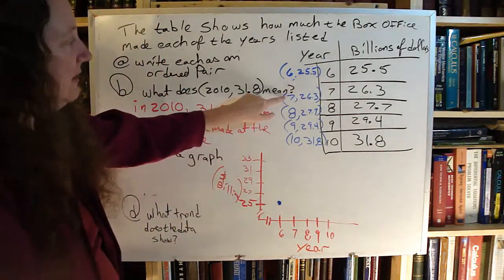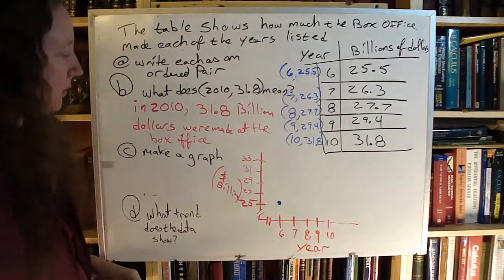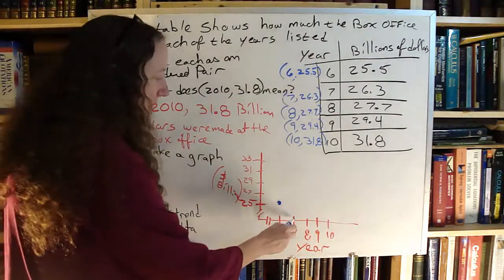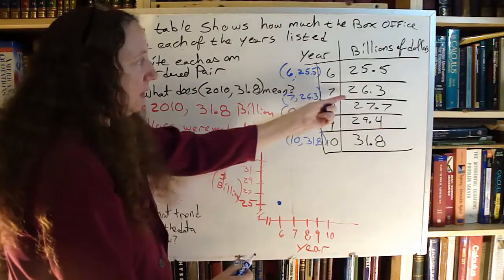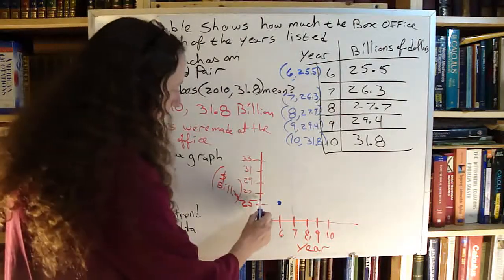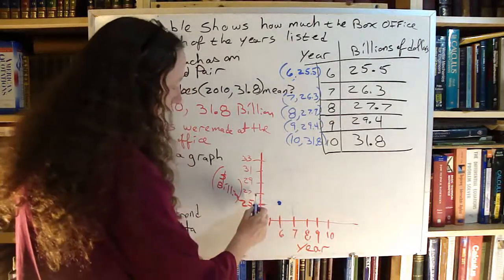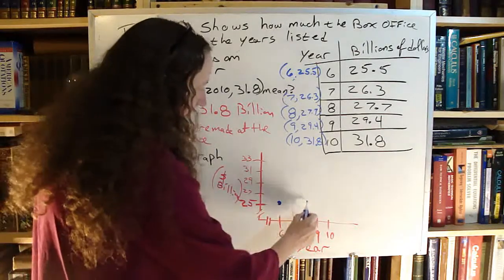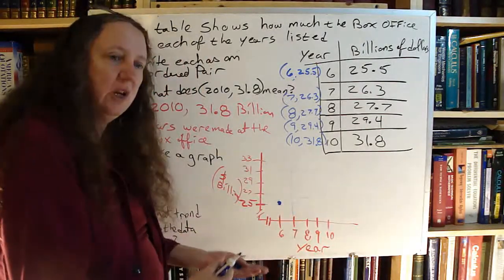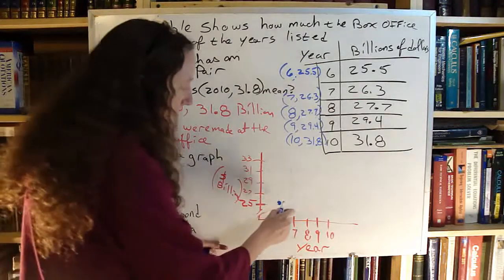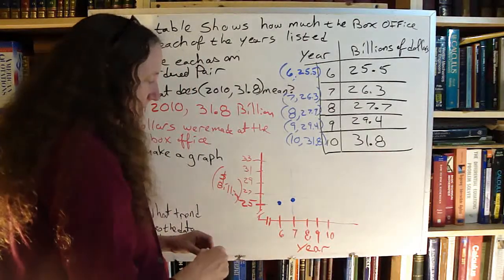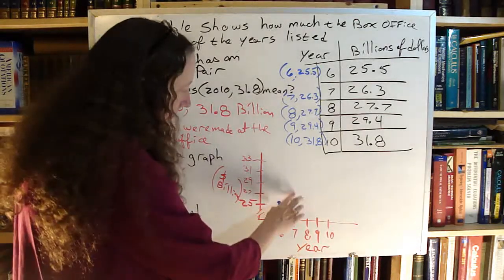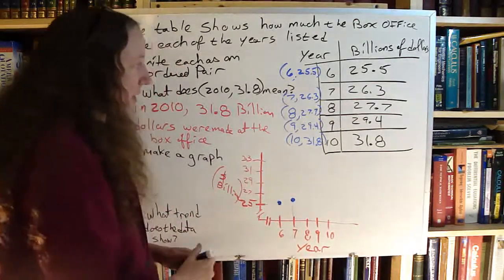My next one, 7, 26.3. So here's my 7. Follow that up. 26.3. There's 26. There's 27. 0.3 is kind of close to the middle of them. So I put my dot there. Get rid of my extra markings.